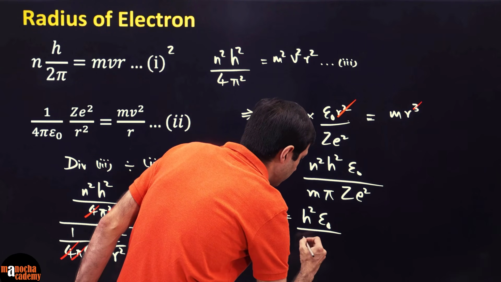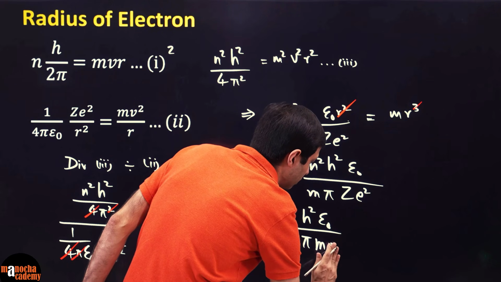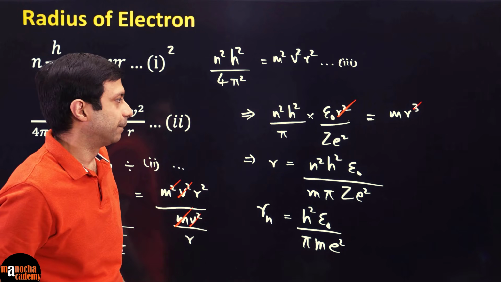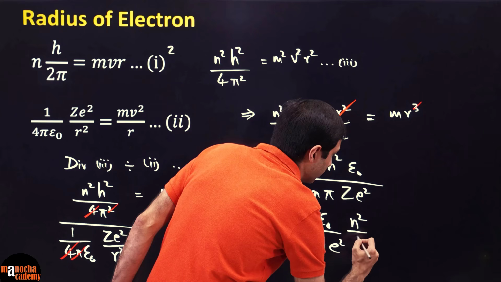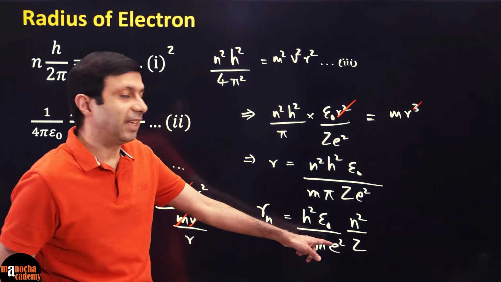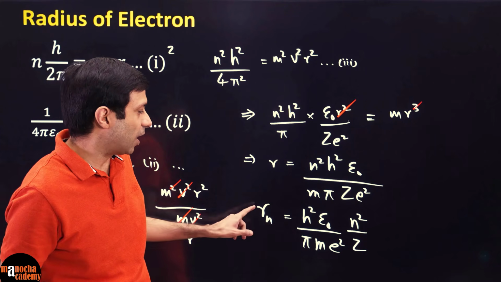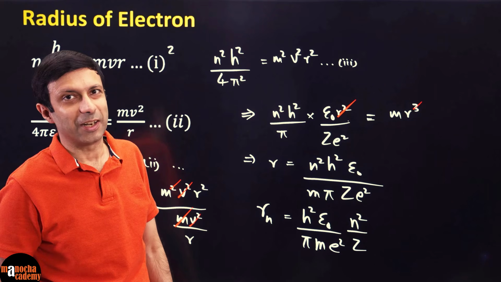Or I can write it as pi m, mass of electron, times e square, which is the charge of the electron squared. And here we are left with n squared by Z. Remember, n is the shell number and Z is the atomic number of the atom. So I brought all the constant terms here. So Rn is all these constant terms multiplied by n squared divided by Z.